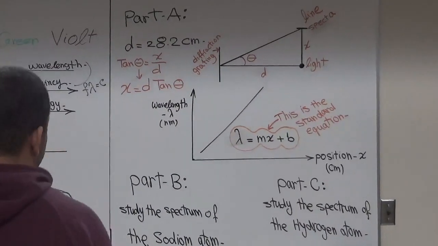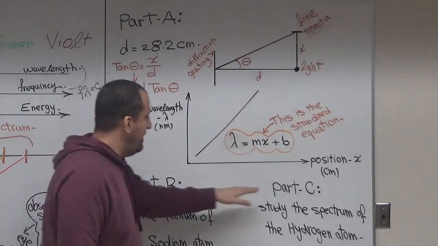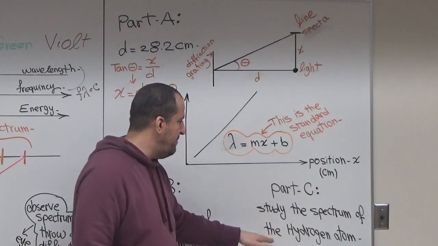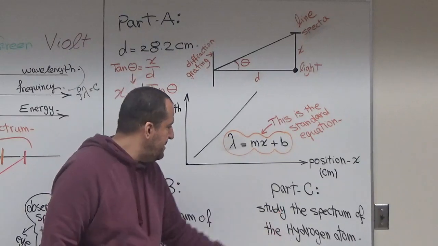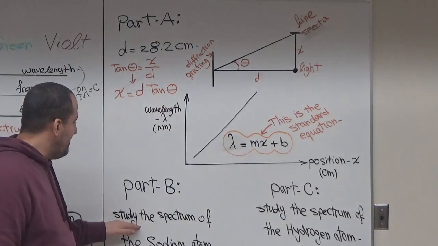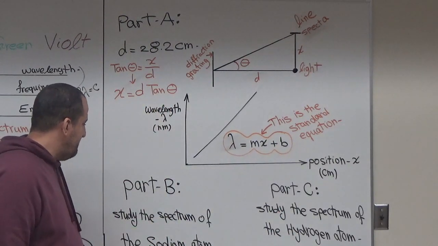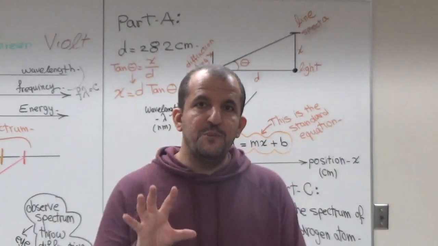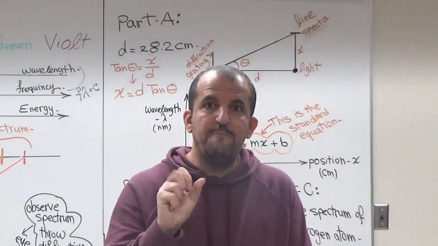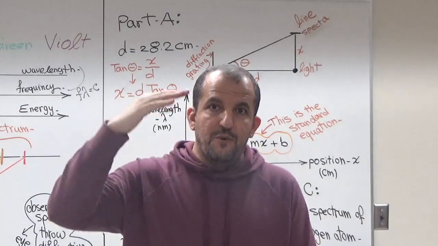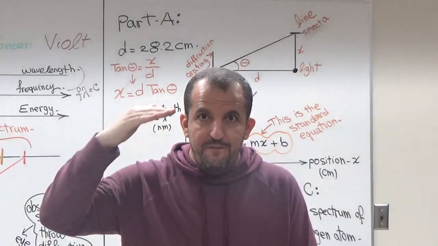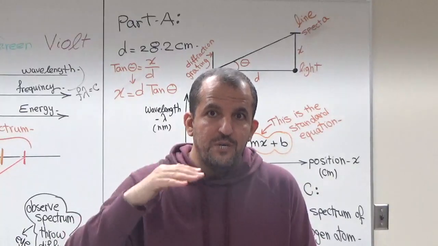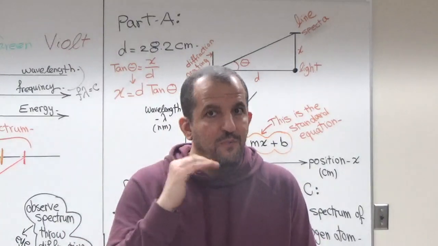Perfect. And then, if we go a little bit down and just mention part B and part C. In part B and part C, you are going to use the spectrum from the hydrogen atom, and in part B, you are going to use the spectrum from the sodium atom. Again, guys, just to remind you, to prepare your report, please go through the guidelines that I gave you in the syllabus on how to prepare your report. Go through the worksheet, and the worksheet will tell you what you need to do.